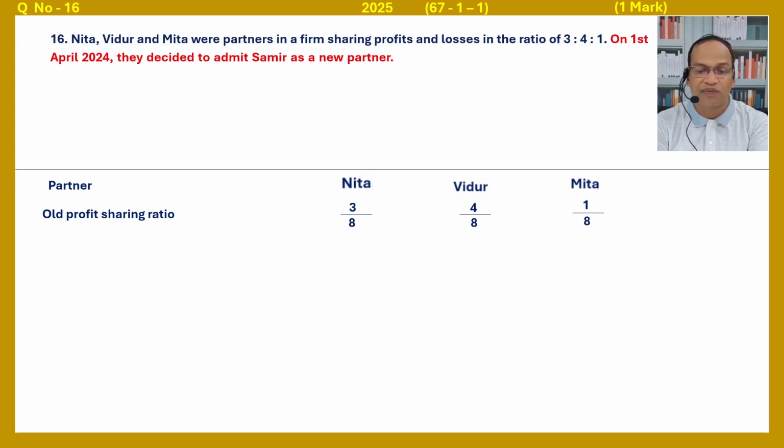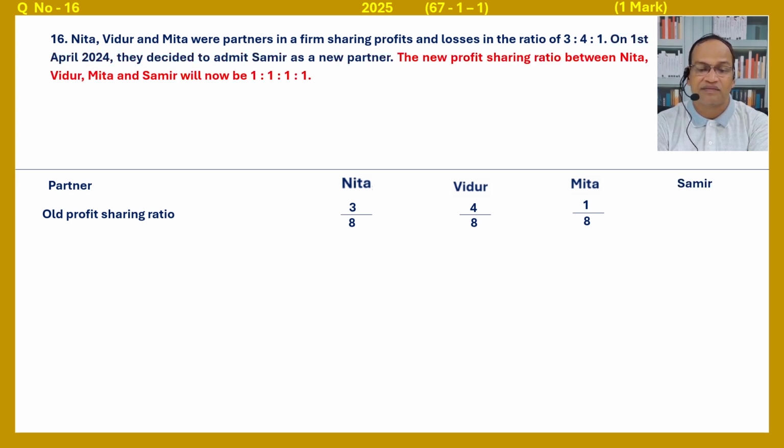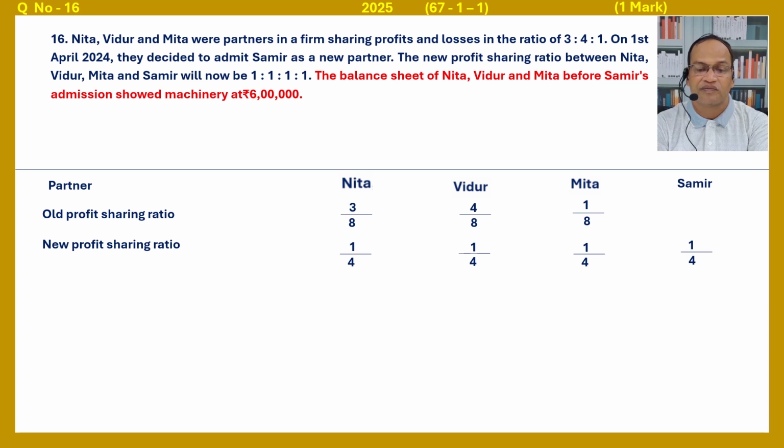On 1st April 2024, they decided to admit Samir as a new partner. The new profit sharing ratio between Nita, Bidur, Mita and Samir will be 1:1:1:1, that is 1/4, 1/4, 1/4, 1/4.